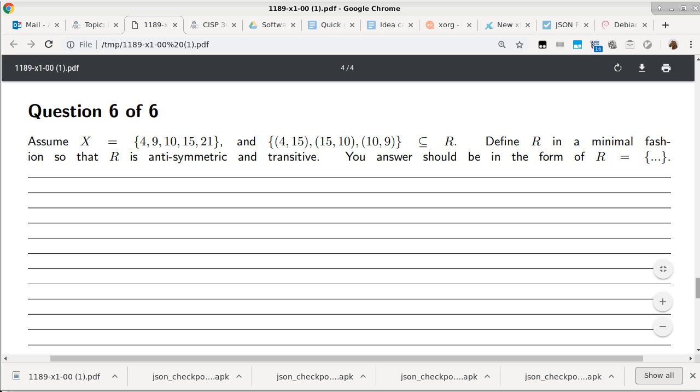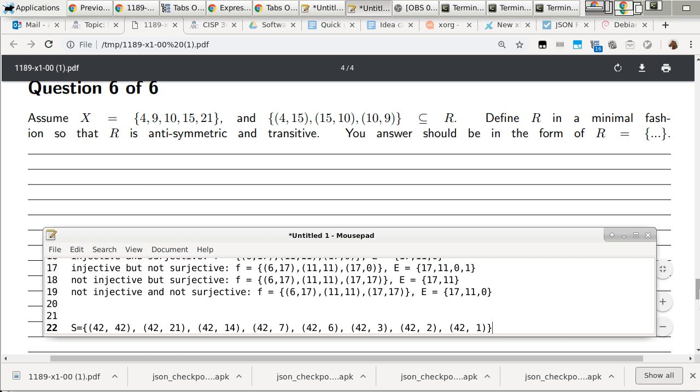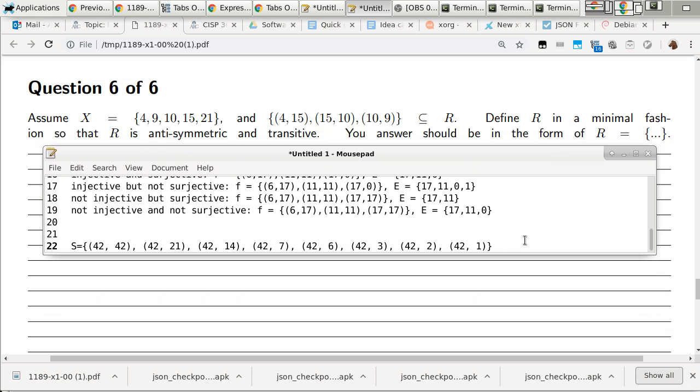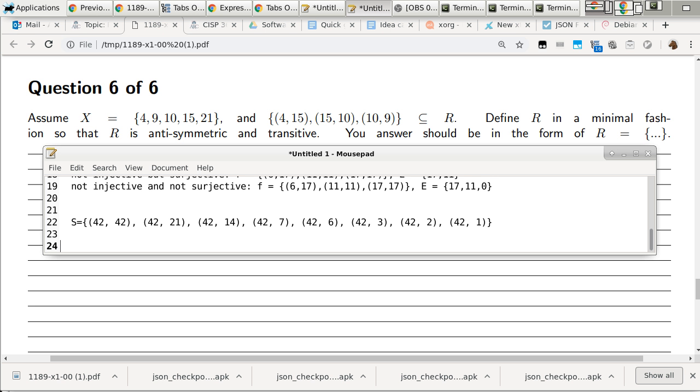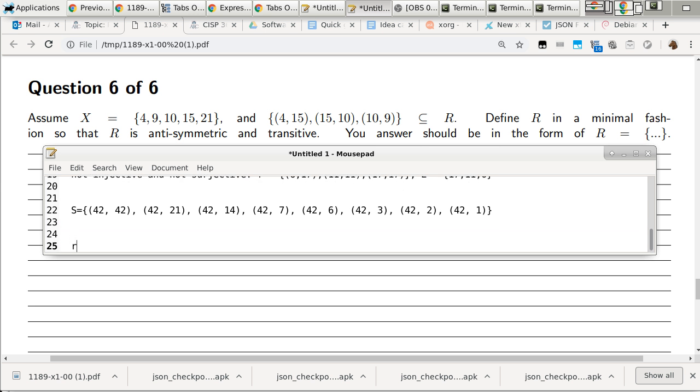Okay, so let's take a look at this one. So now the question is, what does it take in order for a relation to be transitive and also antisymmetric? Let's worry about transitive first, okay?